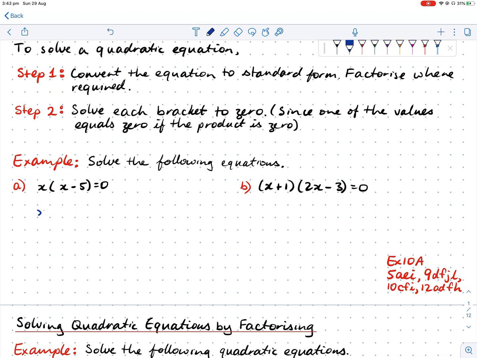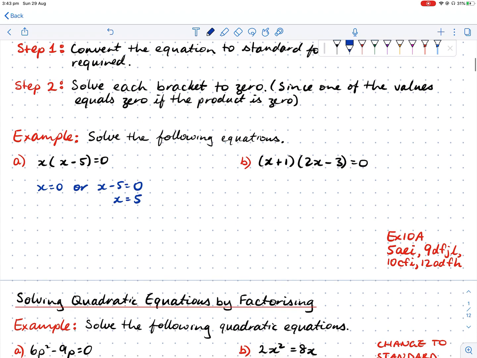So we can write x equals 0 or x minus 5 equals 0. When we solve for x in the second equation, x is equal to 5. So we've got our two solutions: x equals 0 or x equals 5. Both of those answers will give us a correct solution.